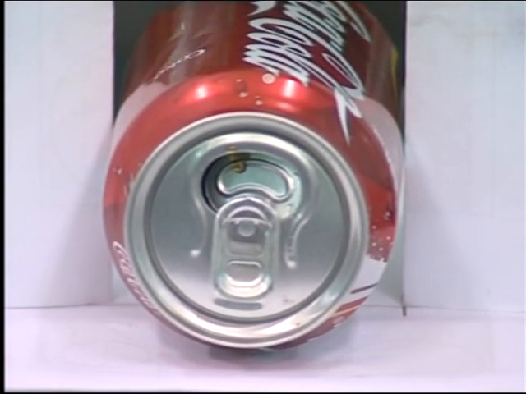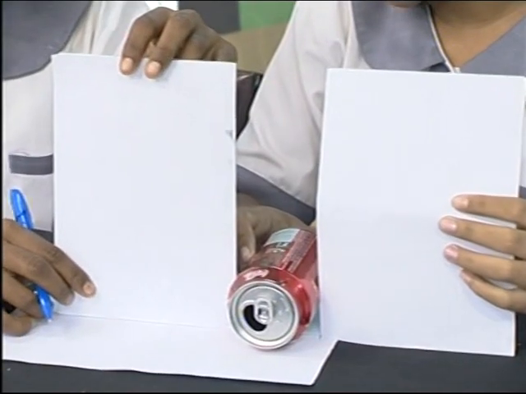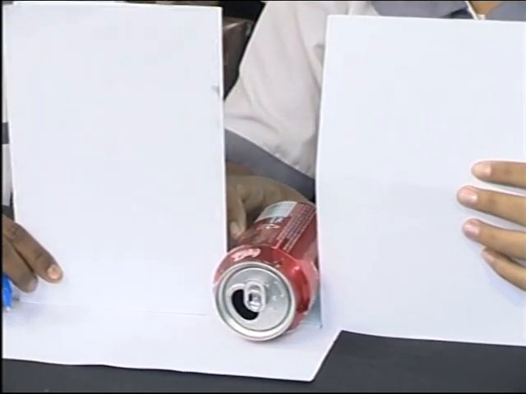Once you have done that, let's look at the next step. Put a mark at the end on the paper. So where the other end where there's no mark, you put a mark there. So you get your biro or pencil and put a mark.